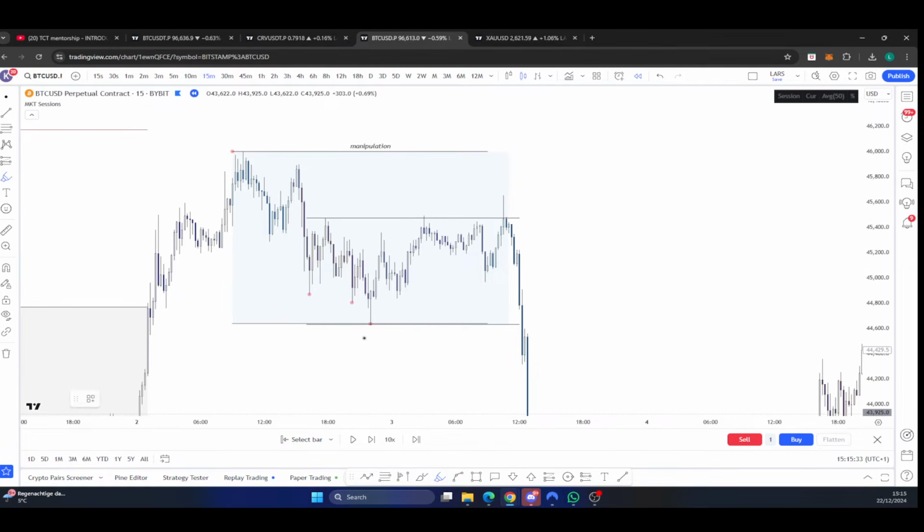So we have the range, you had a Model 1, you came to the range high target right here, and you turned that accumulation into a distribution.